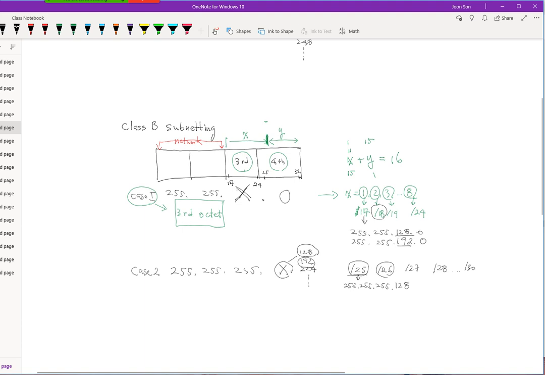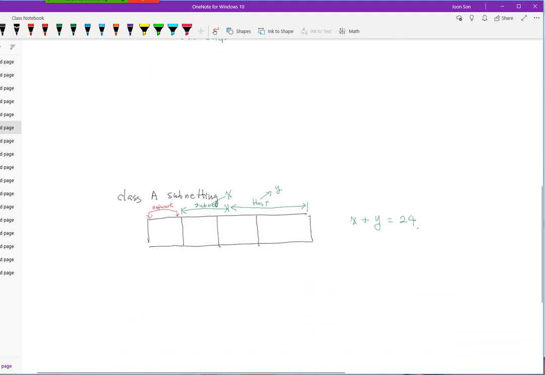So in case number 2, we really have to focus on the fourth octet when it comes to finding the network address for each subnet. That's the general idea for Class B subnetting. You only have case 1 and case 2. And obviously for Class A, we'll have 3 cases.